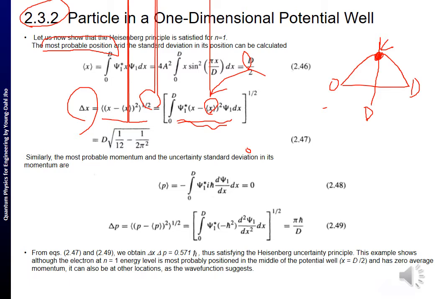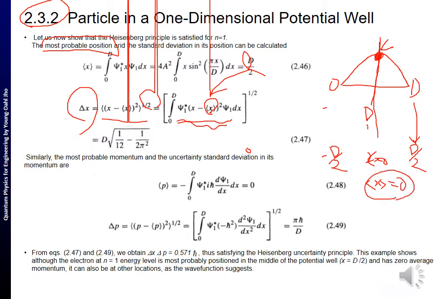Actually, when you set this to be 0, okay, when you set this to be minus d over 2, and this one now becomes d over 2, if it's like that, this one will be 0, okay?